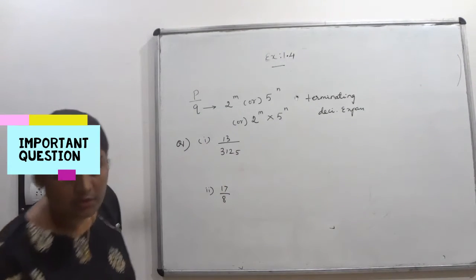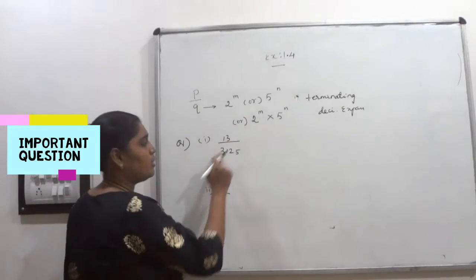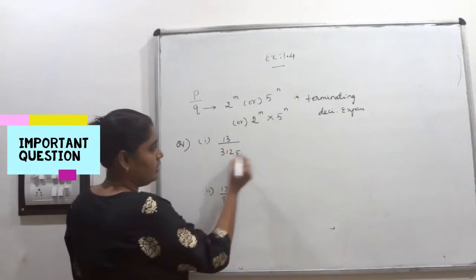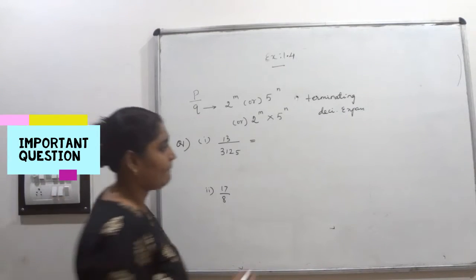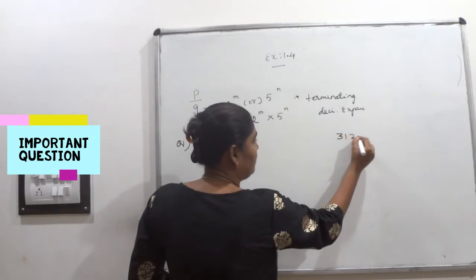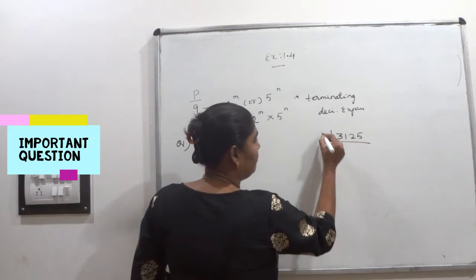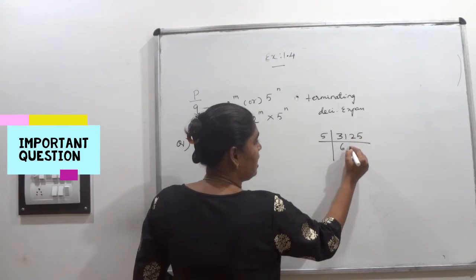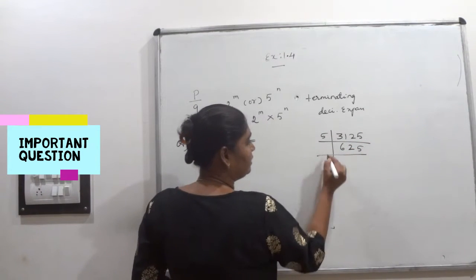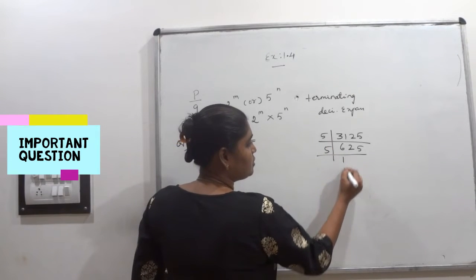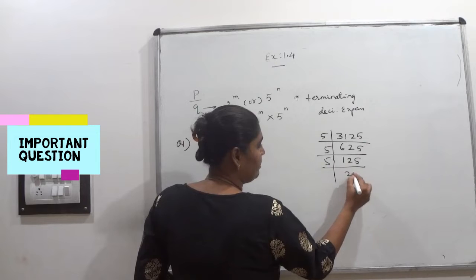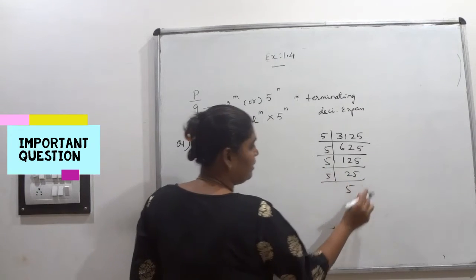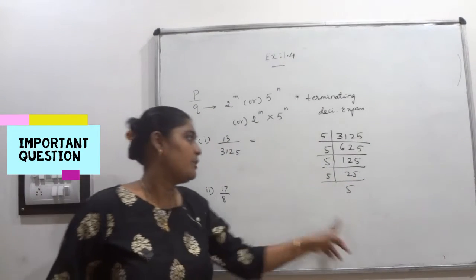Let's start with the first one, that is 13 upon 3125. First of all, I have to find out the prime factors of 3125. 3125 divided by 5 gives 625, again by 5 this is 125, again by 5 this is 25, again by 5 this is 5. So how many times is 5 repeated? 5 times.